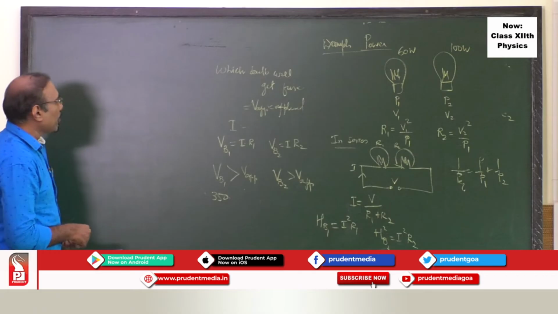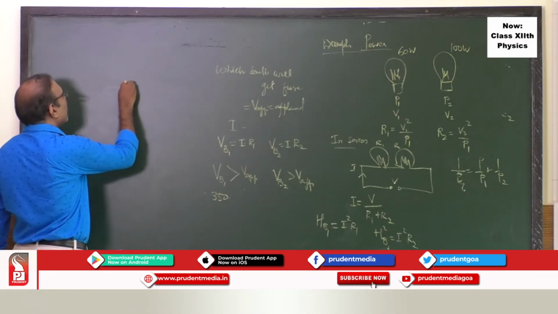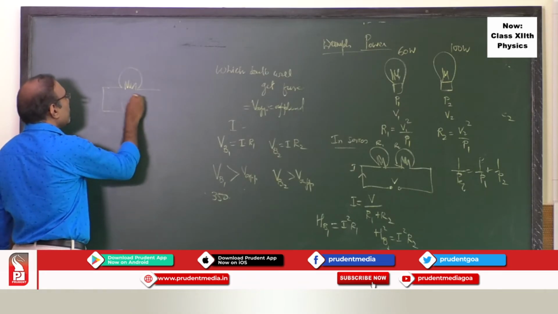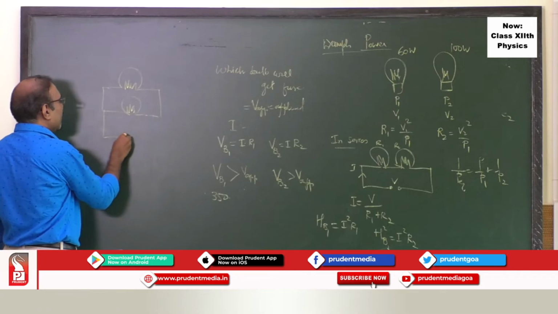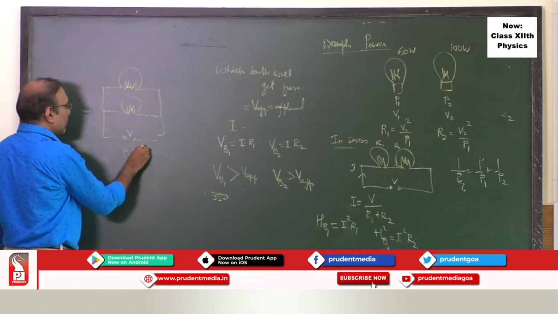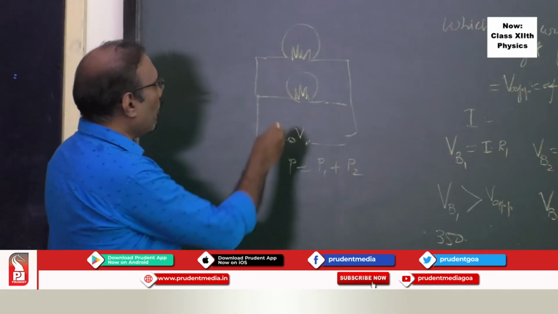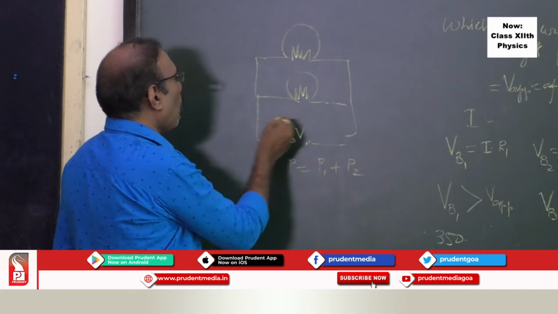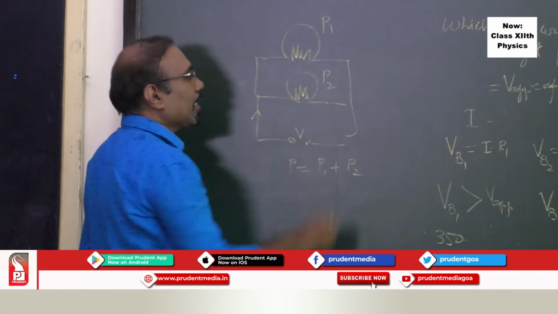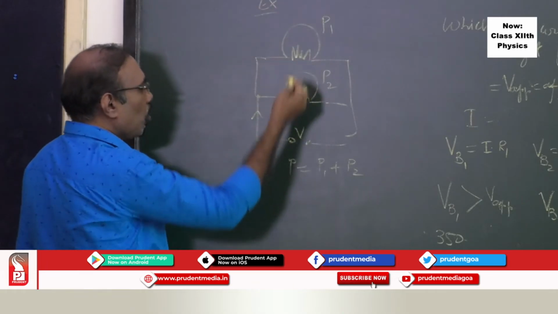There are some problems which are based on bulbs connected in parallel. So if the bulbs are connected in parallel, in that case, you have to calculate the power P as just add the power. And if you want to find out which will draw more current, suppose this is one type of bulb with power P1, this is another type of bulb having power P2, which draws more current?